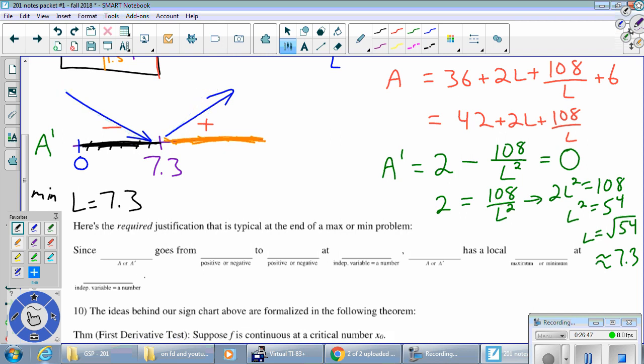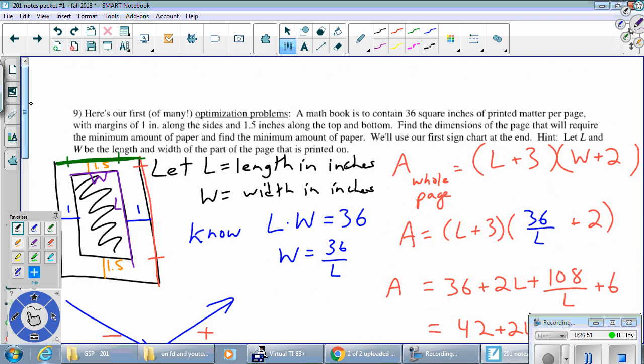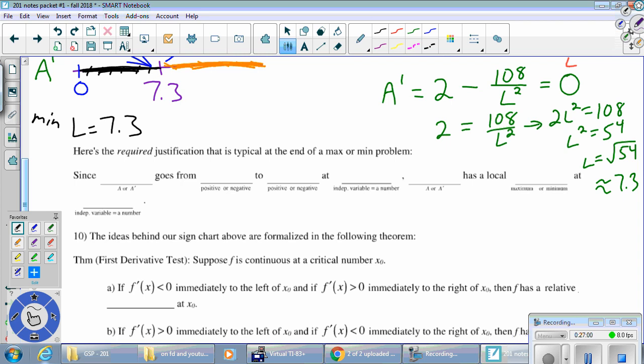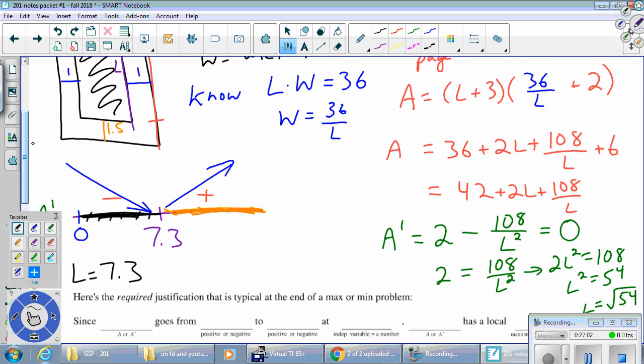And I think this said find the dimensions maybe of the piece of paper. Let's take a look. It says find the dimensions of the page, so that's the whole paper, and the minimum amount of paper. Okay, let's try it. So L equals 7.3. Let's go ahead and find W. W is given right here.